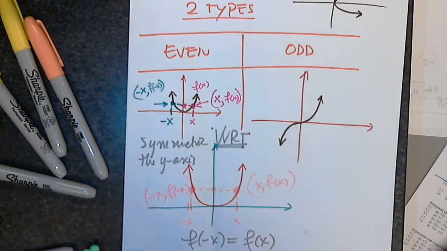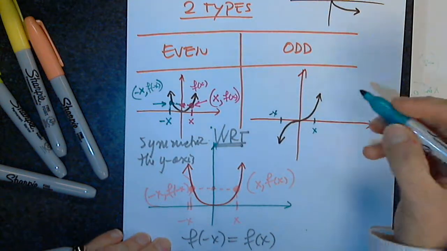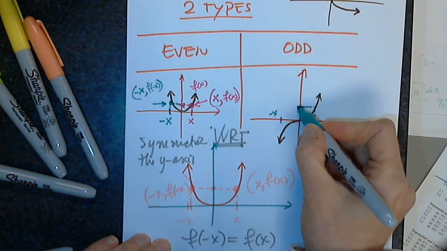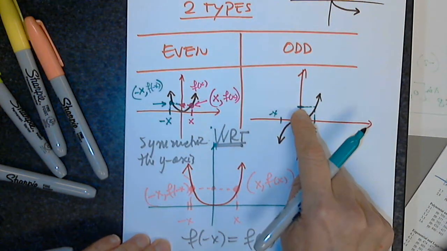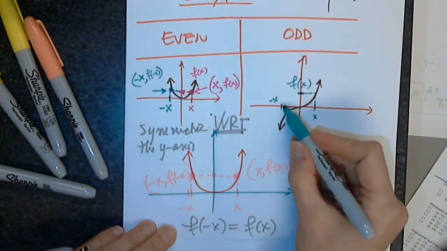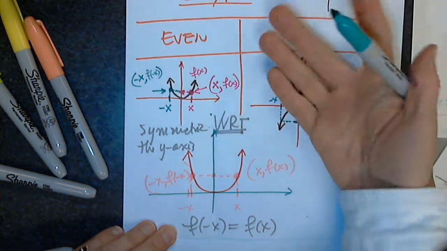So now I'm going to pick, of course, my x on this side and my negative x on the other side. And I'm going to get what here again? Say it again. Yes. Okay, I would have to agree. And then I'm getting here. Don't look at that.